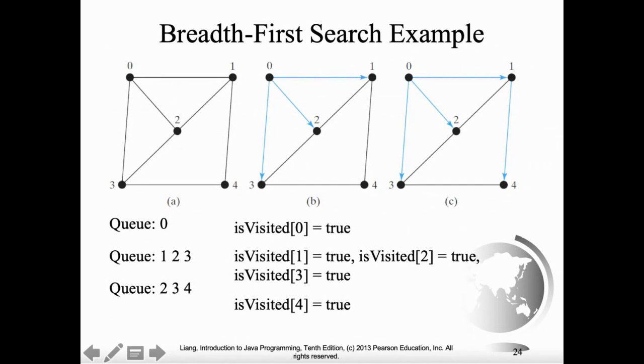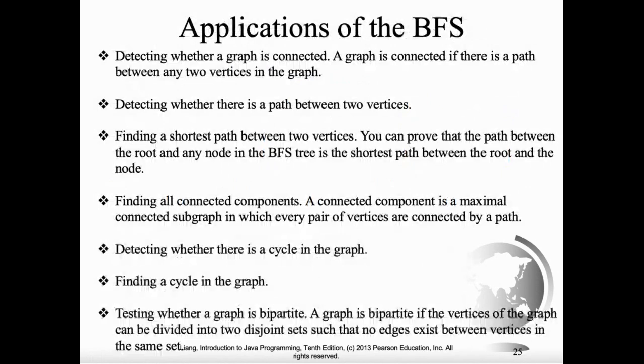That's obvious in the spanning tree that's generated. So it's going to give us the shortest path between 2 nodes. The DFS is only going to tell us there is a path, but the BFS is going to find the shortest one.